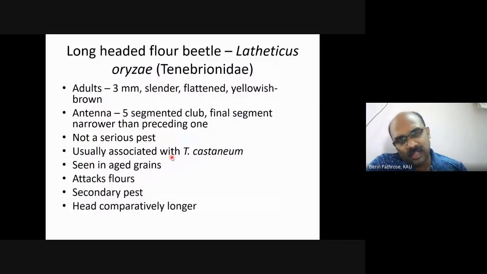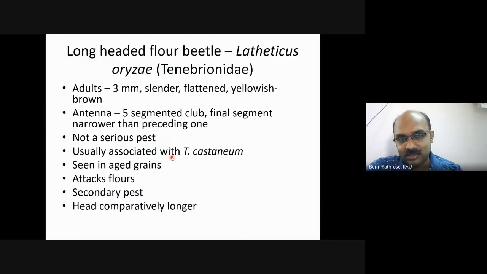Coming to another, a minor pest, Latheticus oryzae, the long-headed flour beetle, belonging to the same family as tribolium, that is Tenebrionidae. This is usually associated with tribolium, but it is extremely small, 3 mm in size.